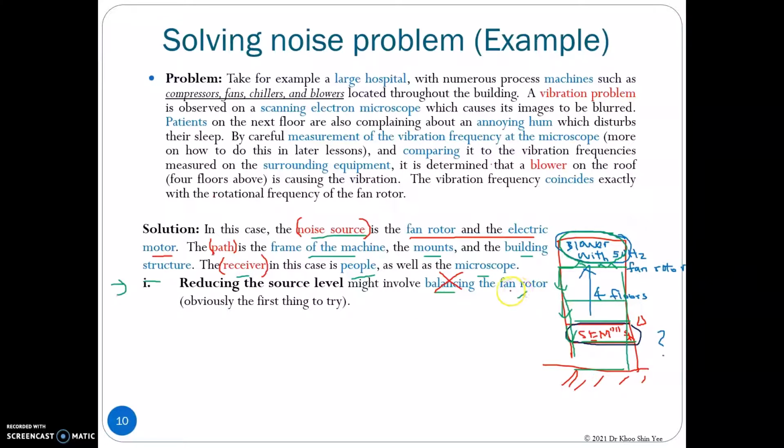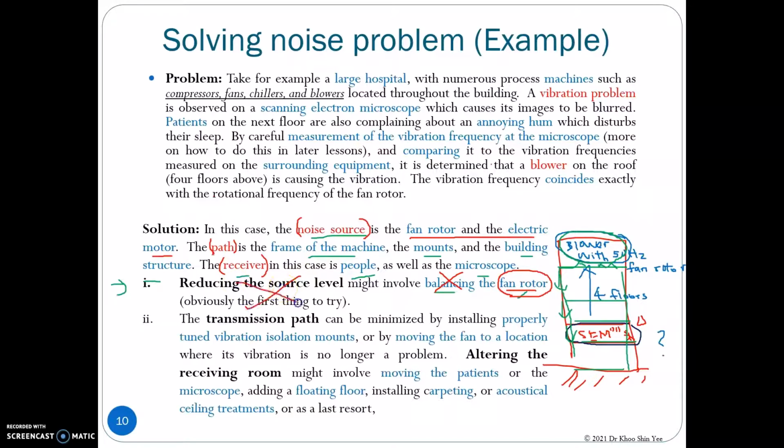In this case, the operating frequency of the fan rotor might be matching the natural frequency of the SEM microscope. If this is the case, then you might consider changing the speed of the fan rotor to avoid the resonance. Besides that, you can also consider performing structural modification on the SEM microscope here. However, this option is more expensive.